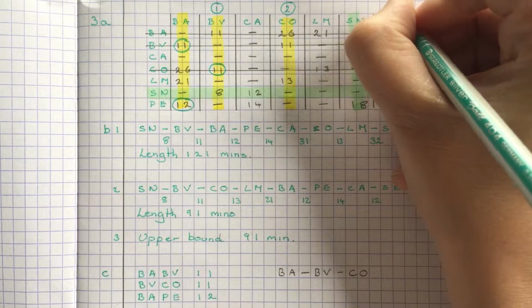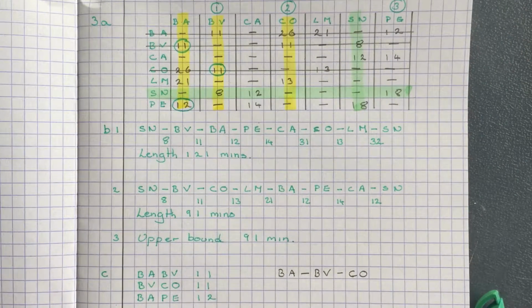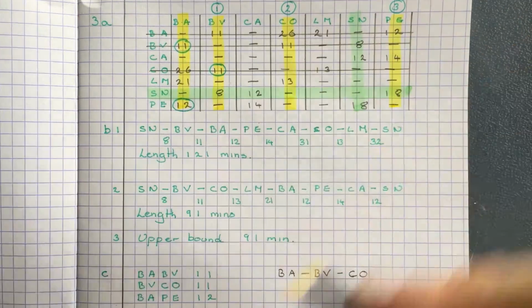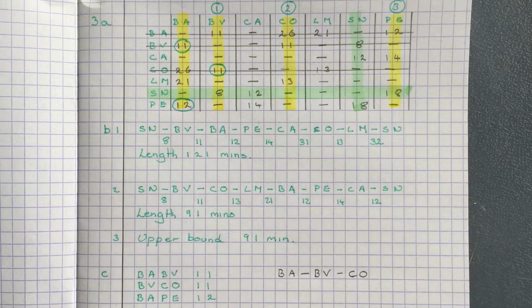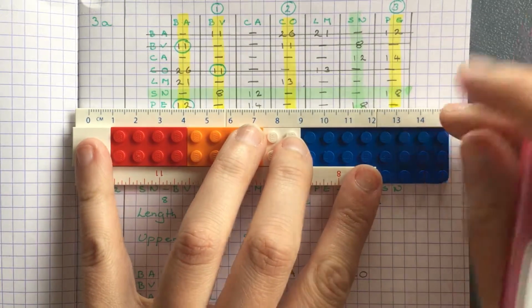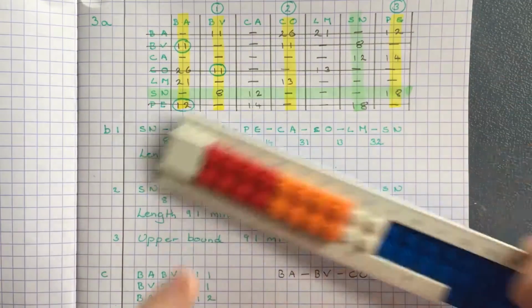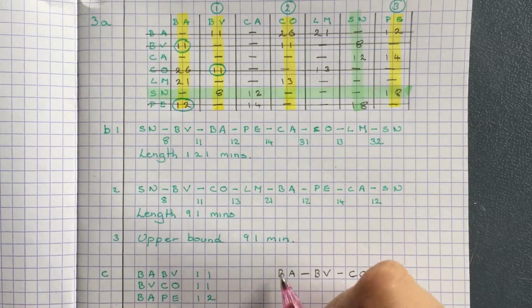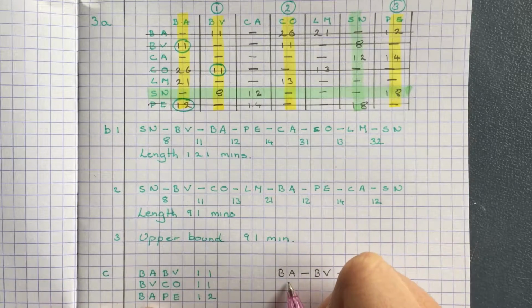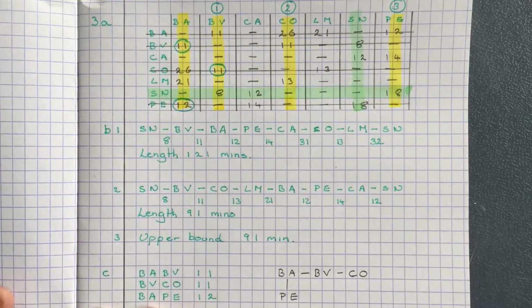So PE is the third one that we have chosen. We can highlight PE, we can cross out PE, and we can add it on to our network. That came from BA, so we now have PE as well.